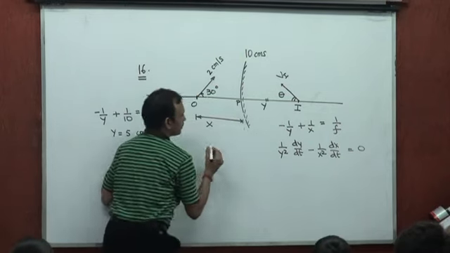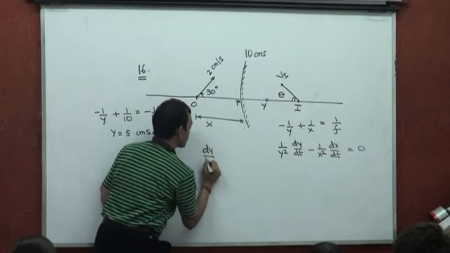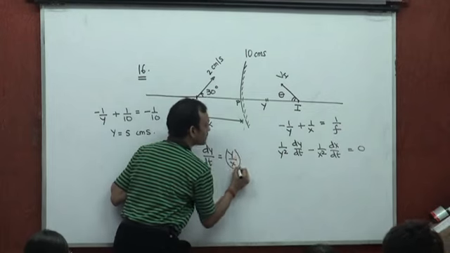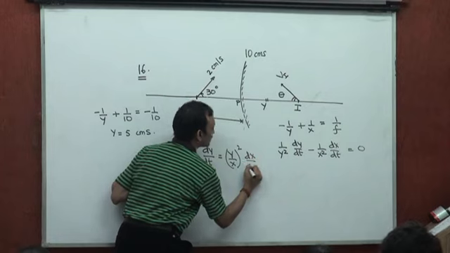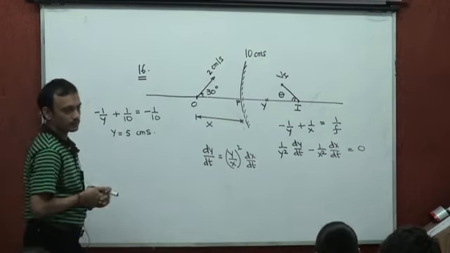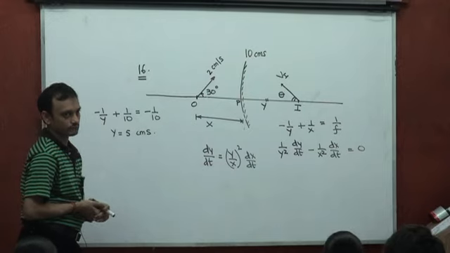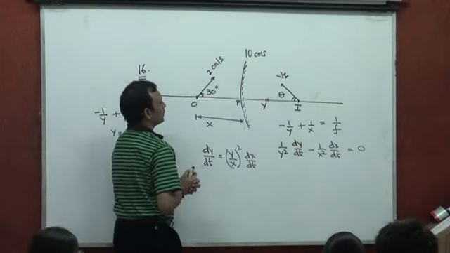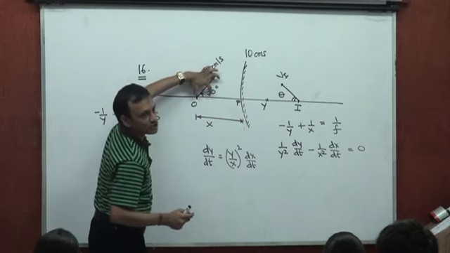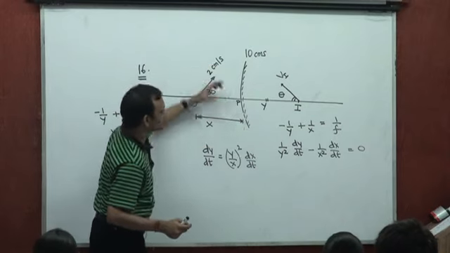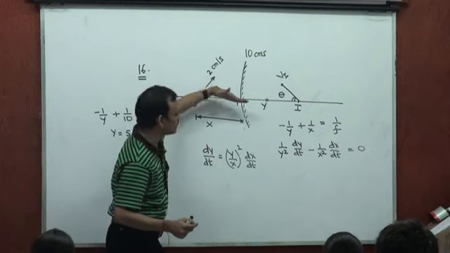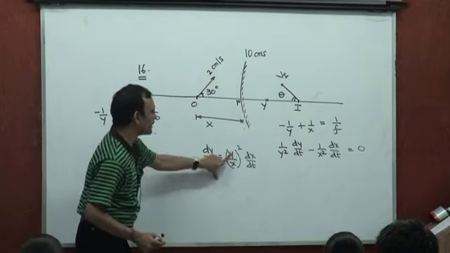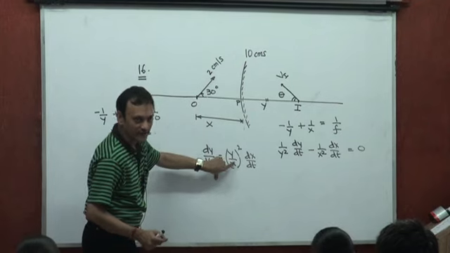That means dy dt is y by x whole squared times dx dt. Evidently, dx dt is 2 cos 30 degrees, the horizontal component of the velocity. And y is 5, x is 10, so y by x is half for that instant.